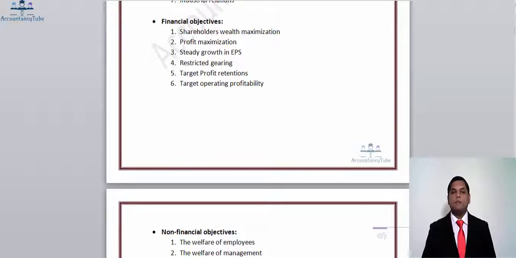Target profit retentions. Target profit retention implies that a certain amount of profit needs to be retained by the company itself so that it can operate effectively and so that it can invest in future investments. So if profit needs to achieve a certain level so that we can have that target profit retention figure in our accounts, we can withhold that much money, because we cannot reduce, as I've just told you, the dividend.